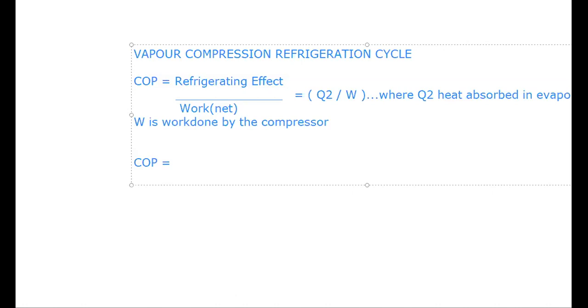The difference of these enthalpies is nothing but the heat absorbed. So I can say that Q2 is nothing but H1, the enthalpy at point 1, minus H4, the enthalpy at point 4, from the TS diagram.